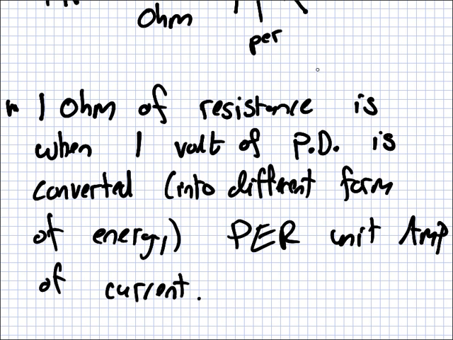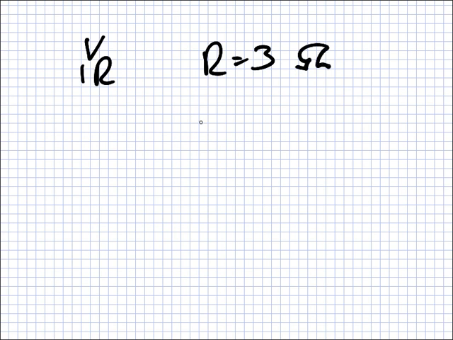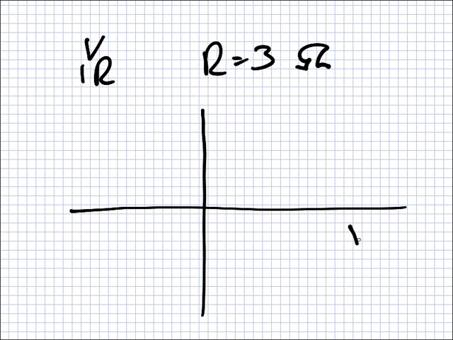Right, next. What is the resistance? It's 3, is it? Okay, easy peasy. And lastly, the sketch. Current. So V, well, you know what, I'll be a bit more.